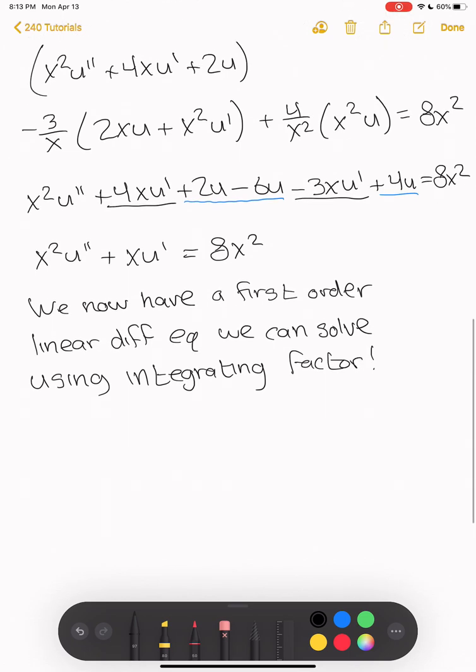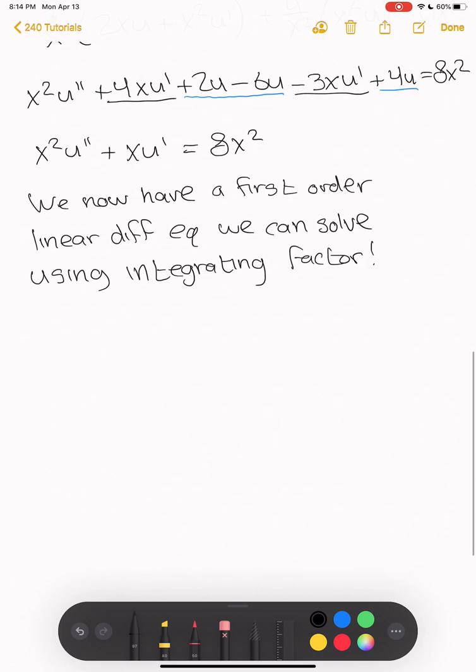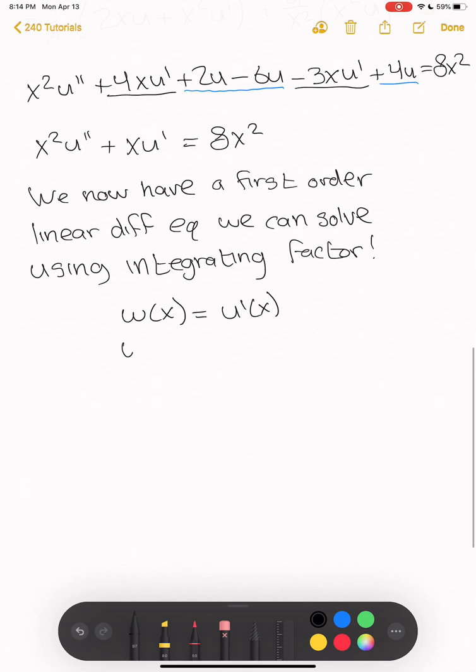And just to make this even more clear, I'm going to do one more change of variables, and I don't want it to be confusing. So I'm going to write some new function w. I'm just going to define it to be u prime. And then w prime, if I just differentiate w, is u double prime.